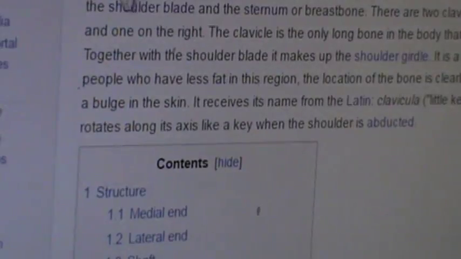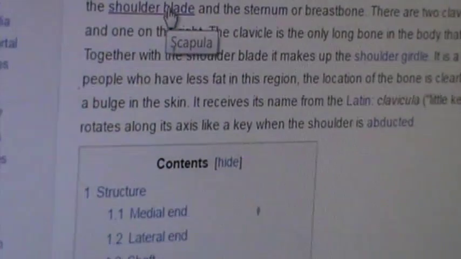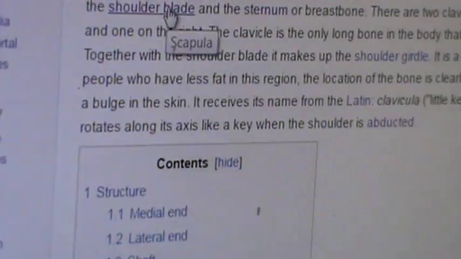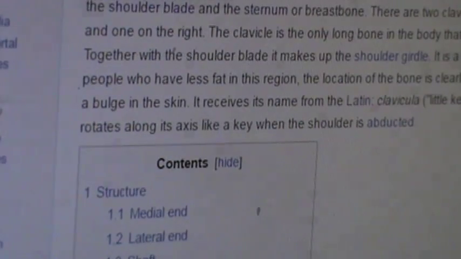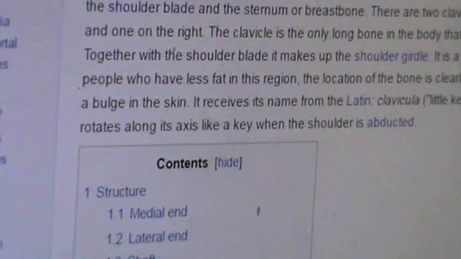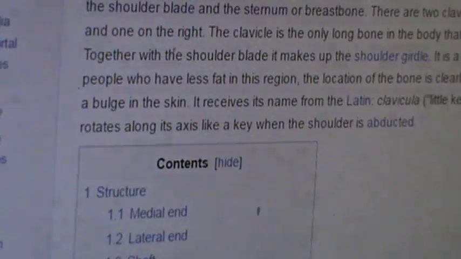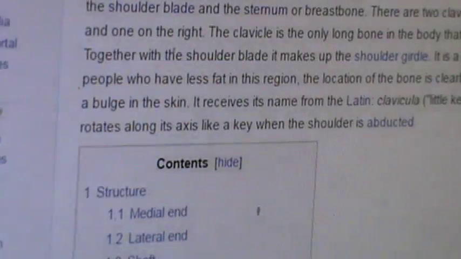Well, the shoulder blades are the scapulas. I don't know that you need all that extra. It is a palpable bone. Palpable screams out Jesus. And in people who have less fat in this region, the location of the bone is clearly visible as it creates a bulge in the skin.